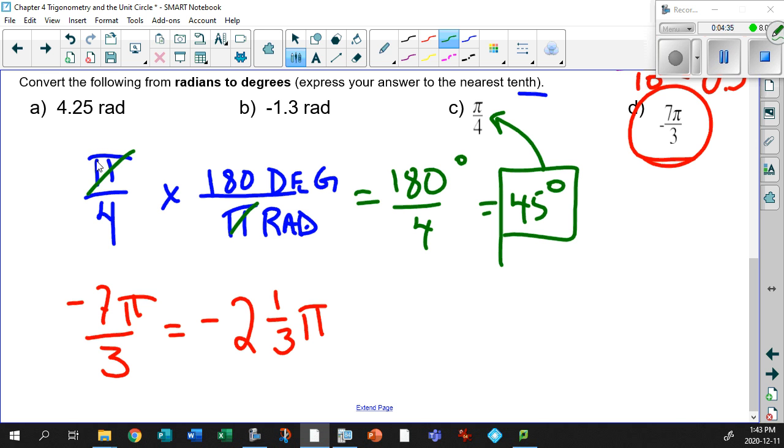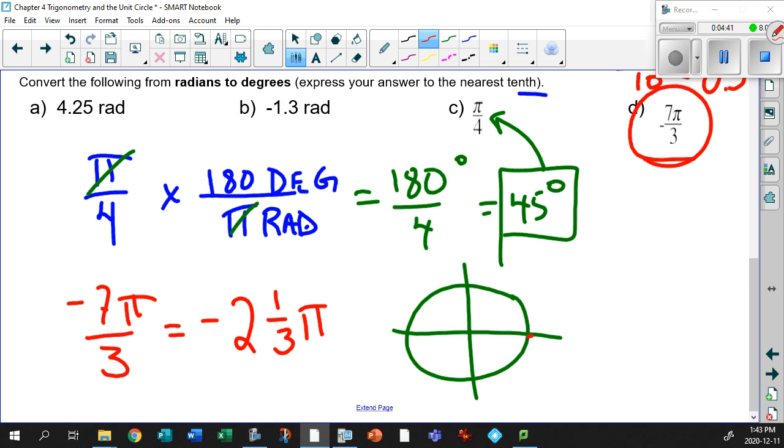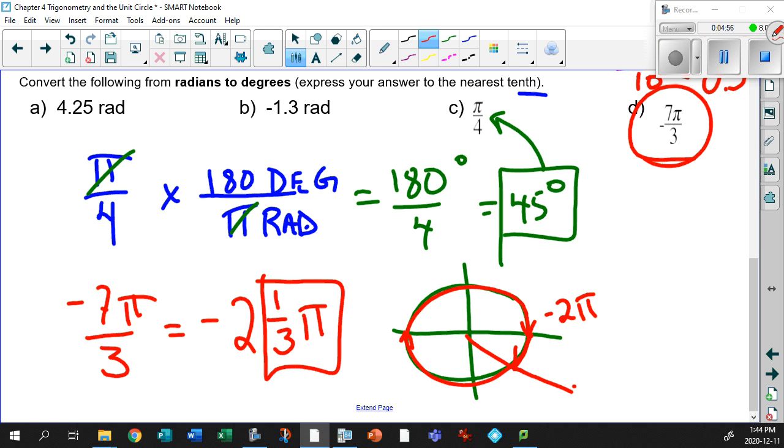Okay, so think about this. When you're on your unit circle then, what are you doing? I'm going from pi, but I'm going backwards. Well, wait a second. That's pi. Going a little bit more, there's my negative 2 pi. How much have I got left? I got 1/3 pi left. I got to go right to about here. There is negative 1/3 pi.